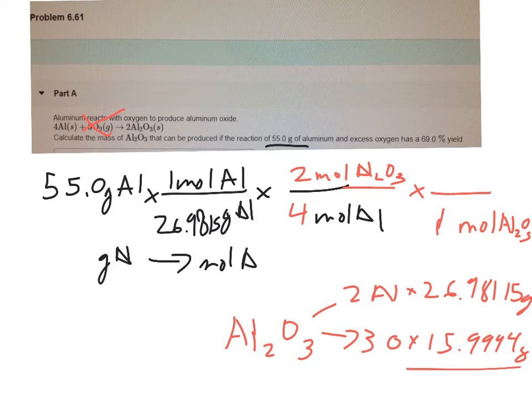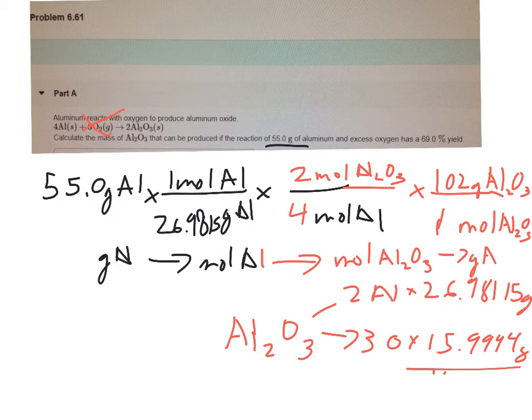That gives me 102 grams. So I've got 102 grams of aluminum oxide per 1 mole of aluminum oxide. Multiply everything on top, divide through by everything on the bottom.